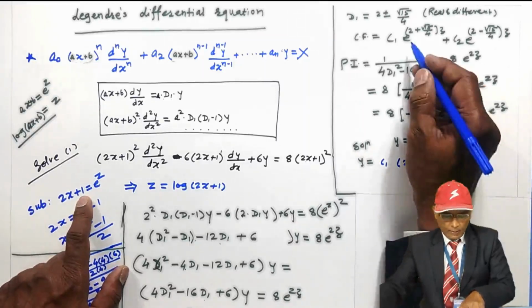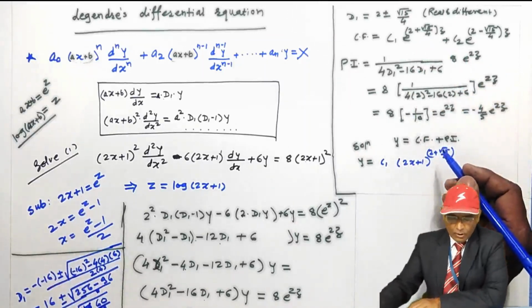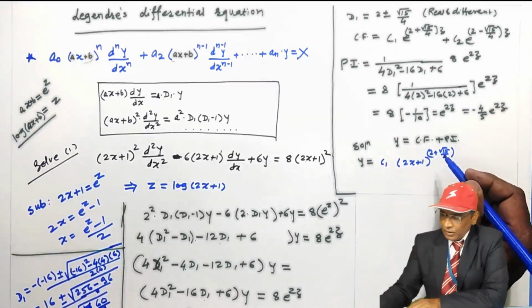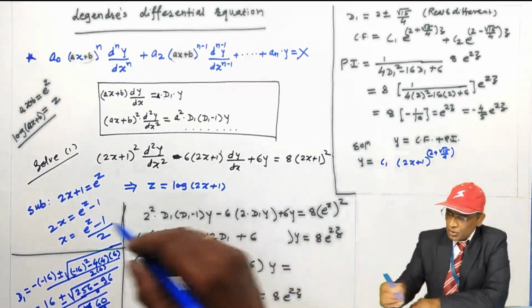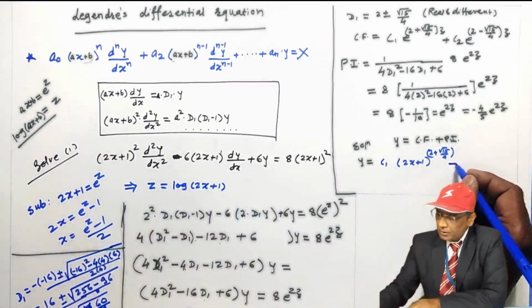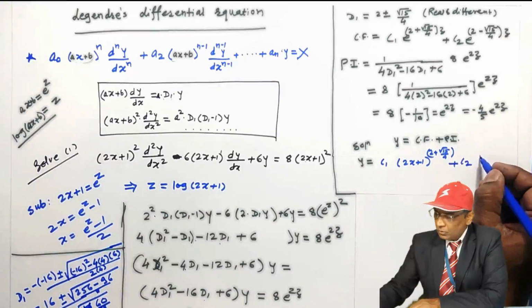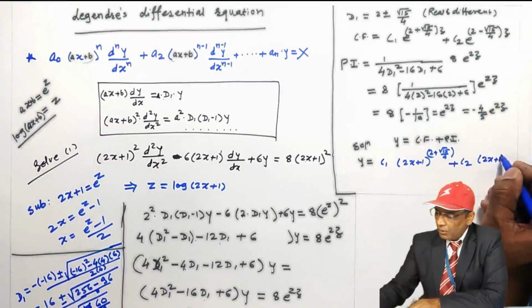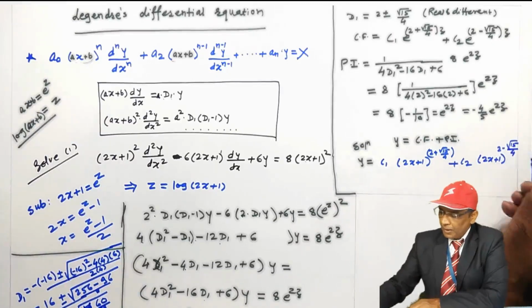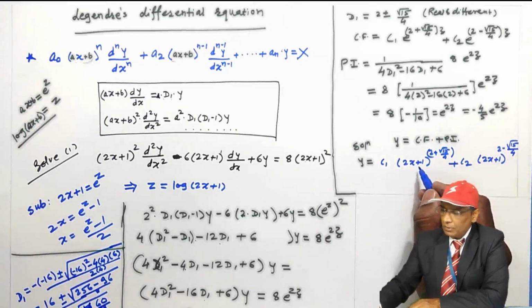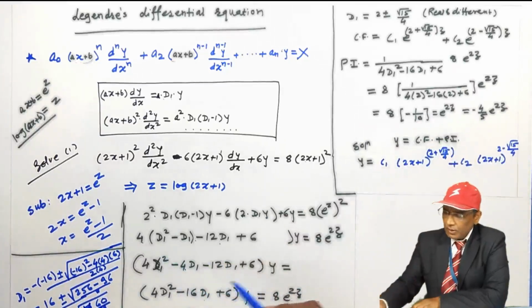2x plus 1 is what? E to the power z. But e to the power z is what? 2x plus 1. Here plus C2, again 2x plus 1 power 2 minus root of 15 by 4, C1. Where is that one?